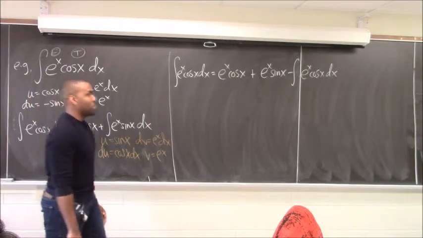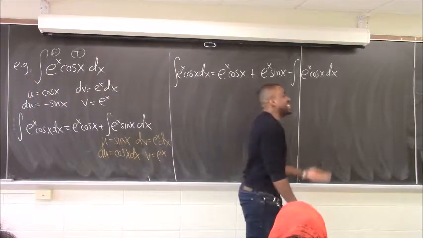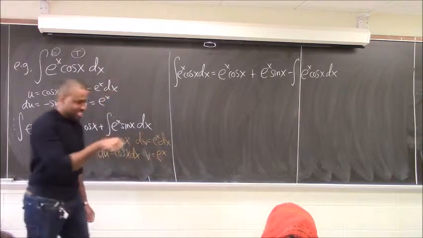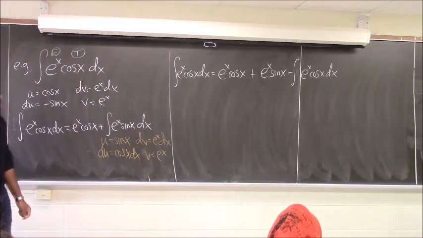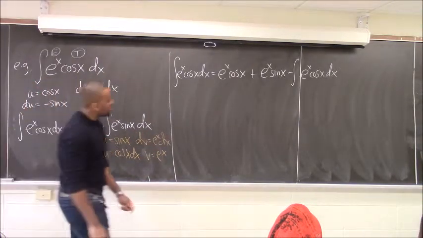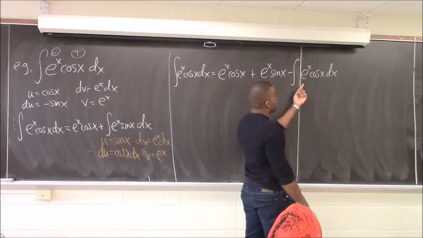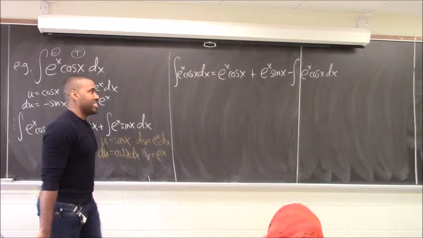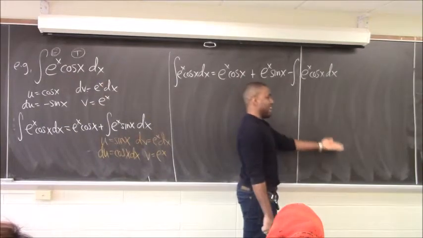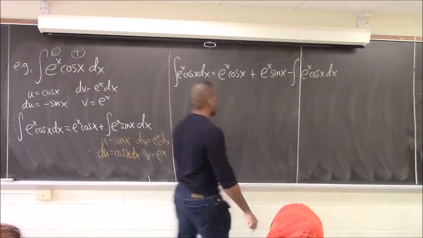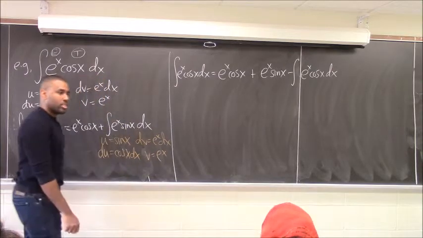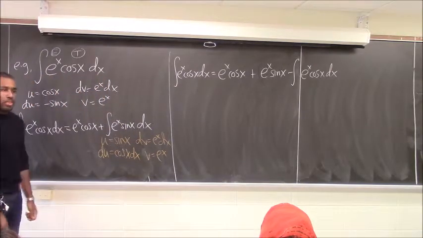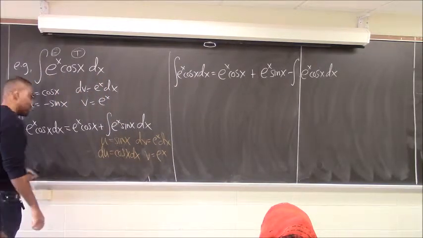Yeah, and now we just keep going on forever and ever. Let's do it again. Obviously something's amiss here. This integral is the guy we started with. So now you can kind of see, if I were to do this again, I'm just going to end up where I started. How do we actually get out of this infinite loop that we seem to be caught in?